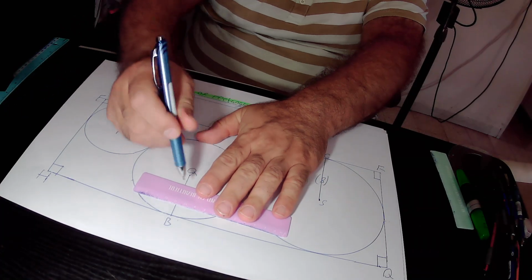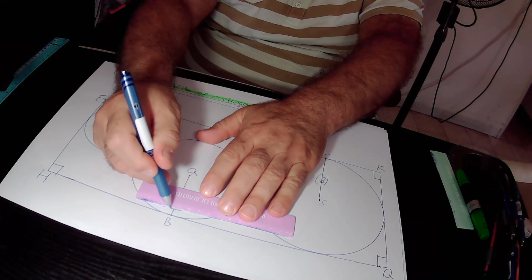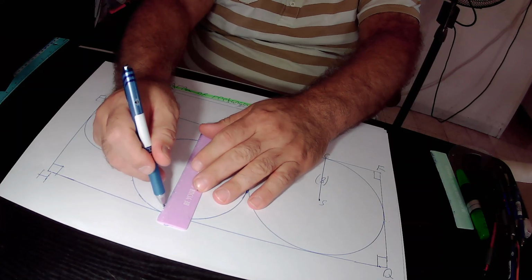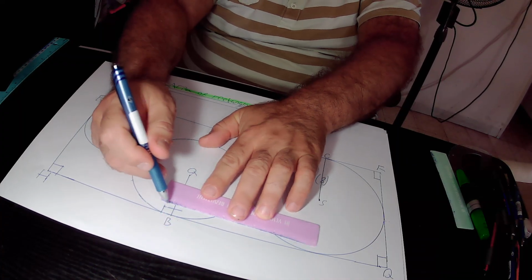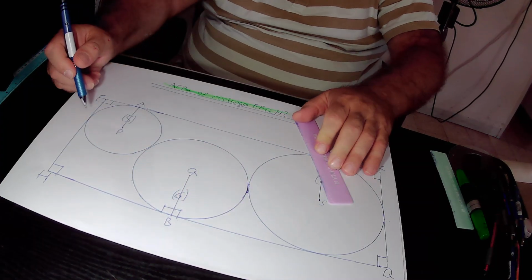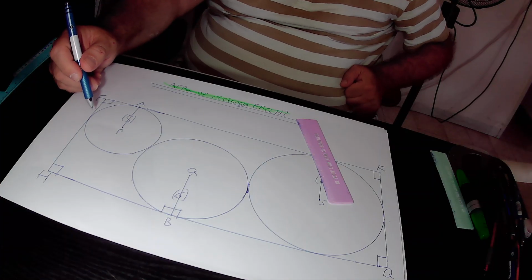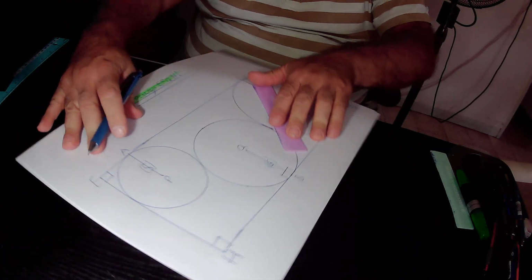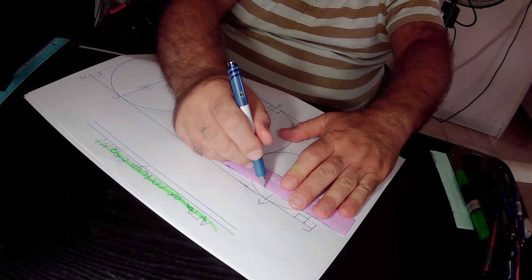If HQ is perpendicular to BQ, it means that this angle equals 90 degrees. And this angle also equals 90 degrees according to rule 1. According to rule 1, this angle equals 90 degrees.